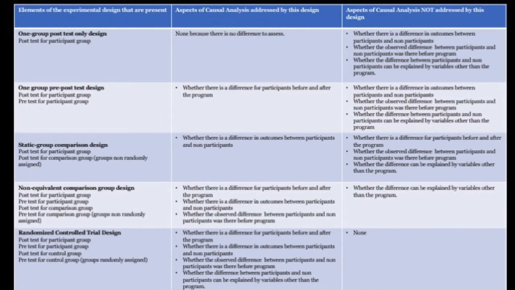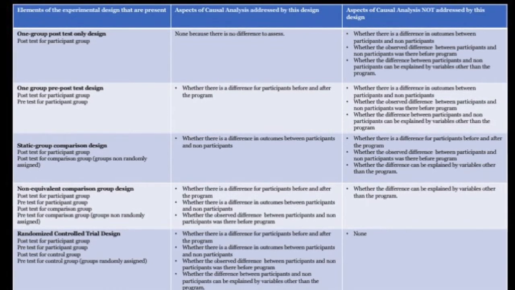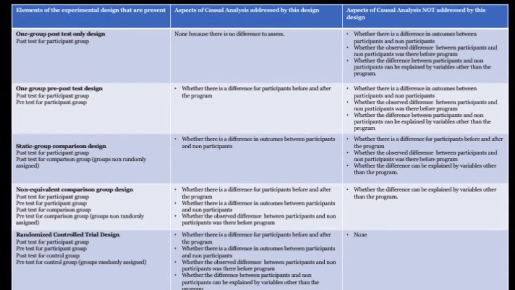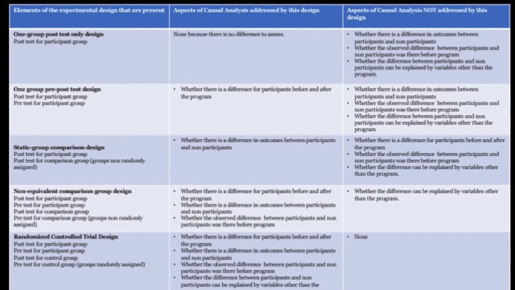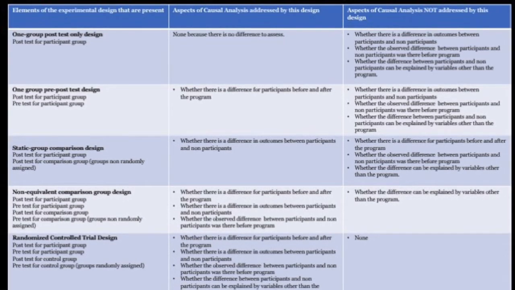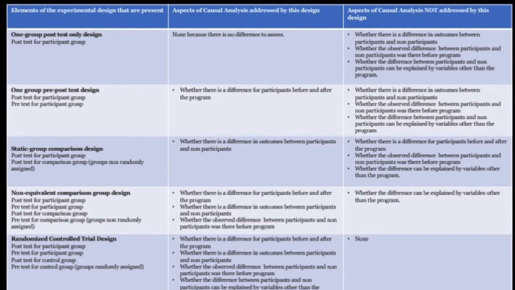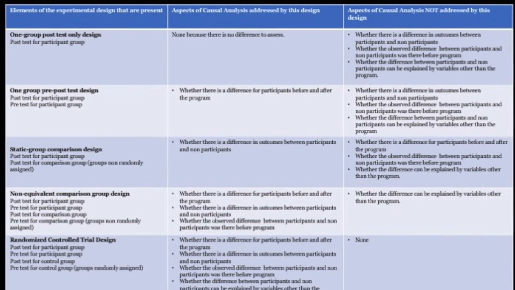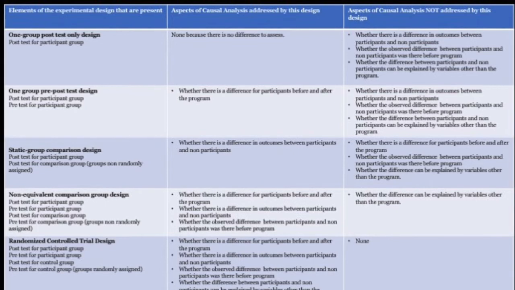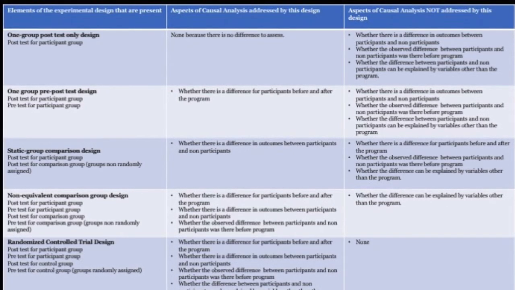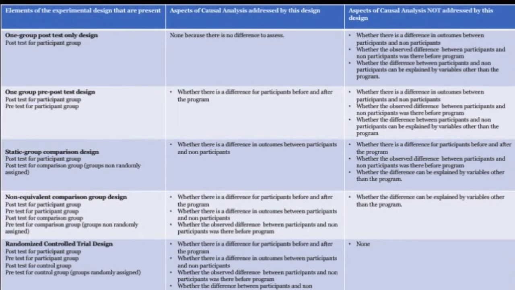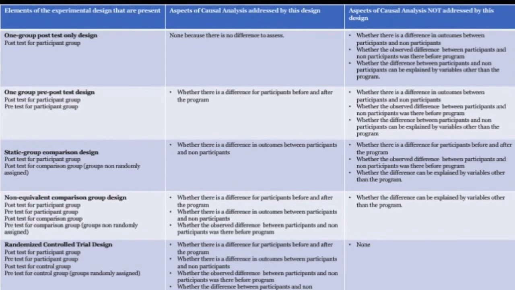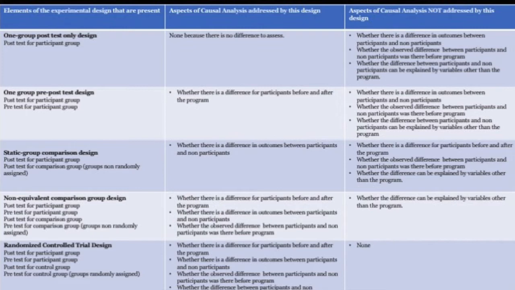And you see the results for the participants, but you cannot say anything about the program causing any change. We don't know whether the difference in outcomes between participants and non-participants, if there is one, came before the program, or if this result that we observe is the result of some other variable. So just looking at our participants at the end of the program tells us pretty much nothing.